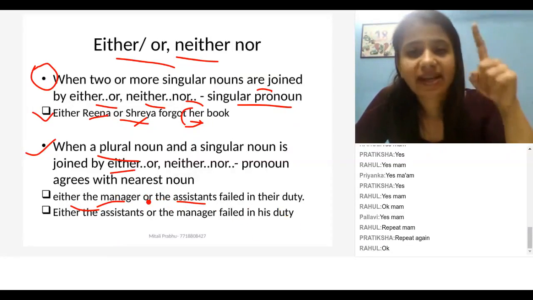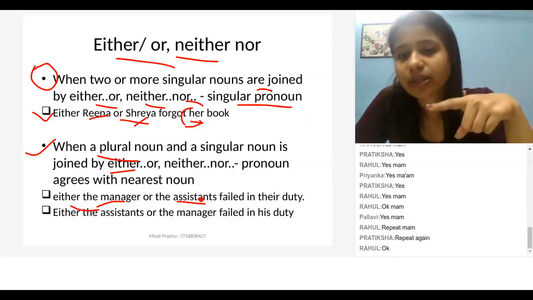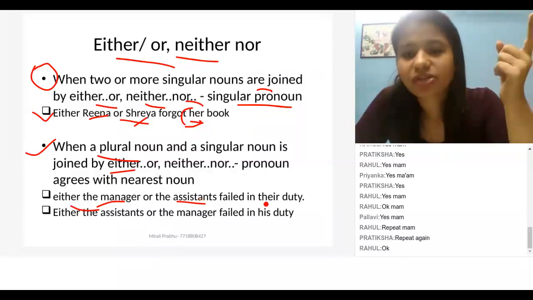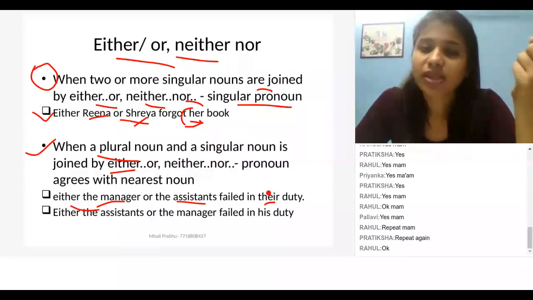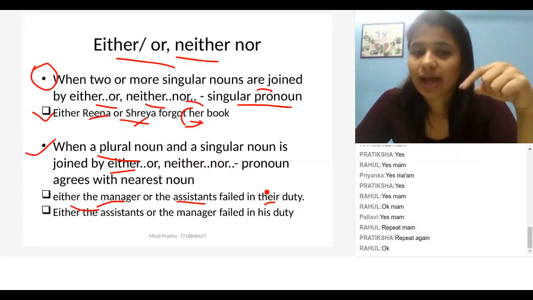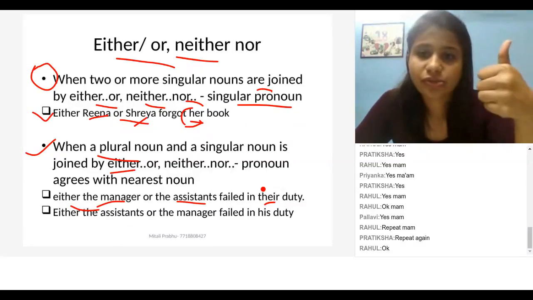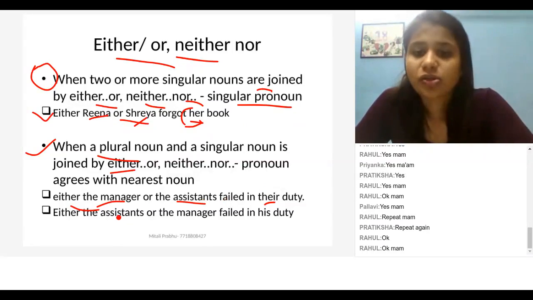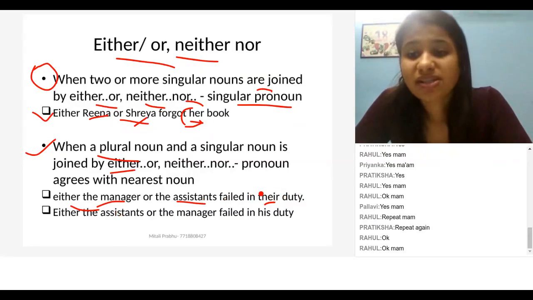But what if the assistants forget the duty? Then it is going to be "their". So you don't know whether to use "his" or "their", because it is either the manager or the assistants. You can use "his", you can use "their". But what to use?